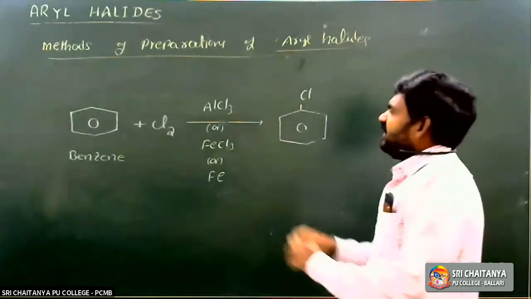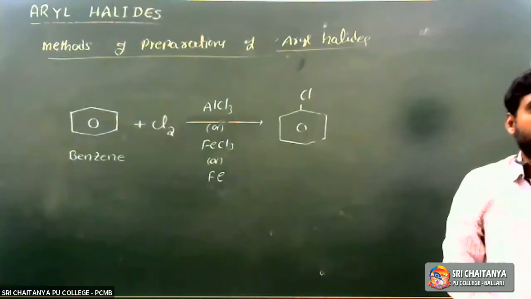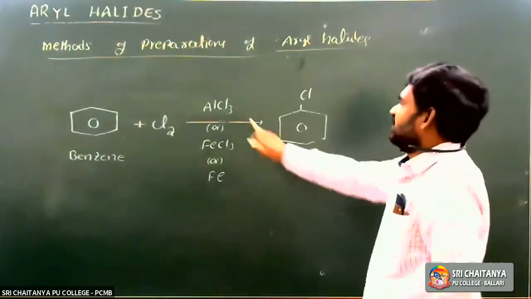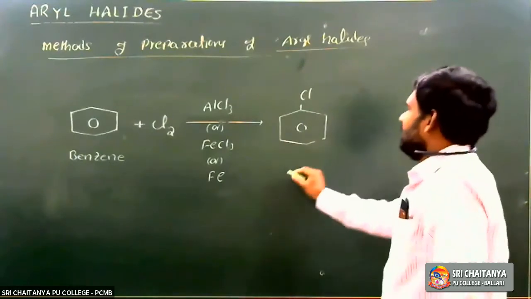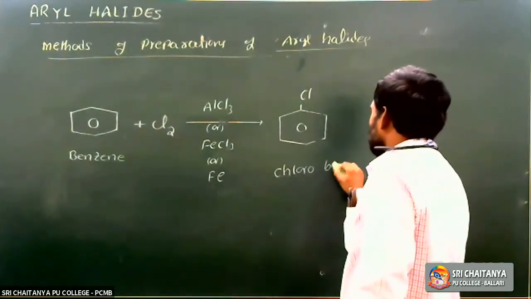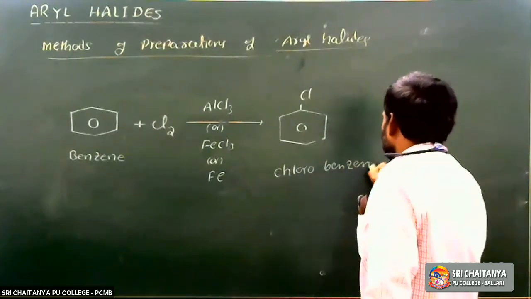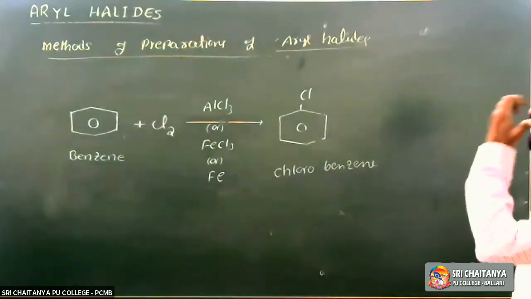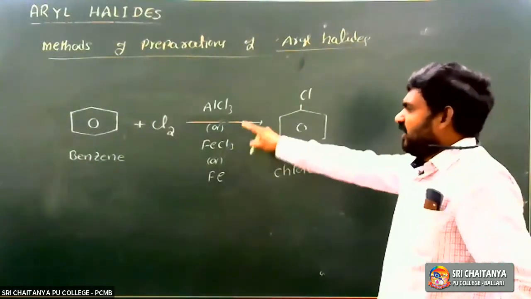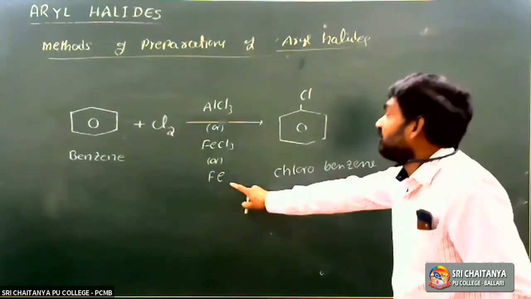What is the characteristic property of benzene? Electrophilic substitution reaction. So chlorobenzene is obtained when benzene is treated with chlorine in the presence of AlCl3, FeCl3 or Fe.